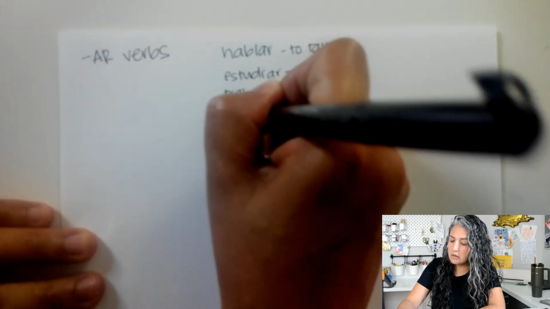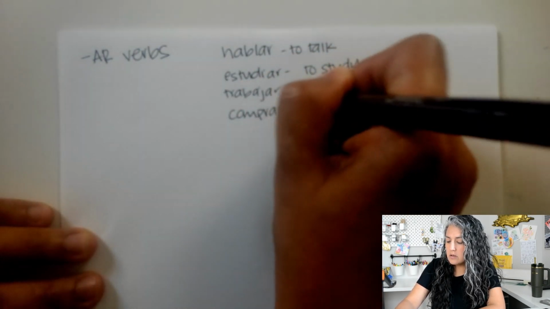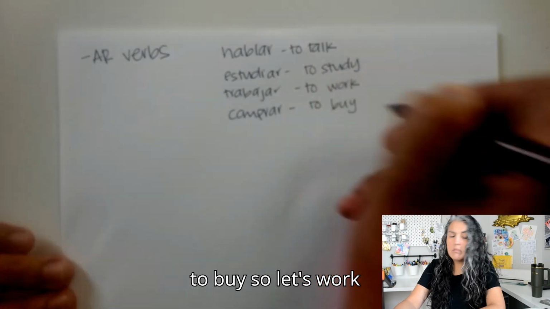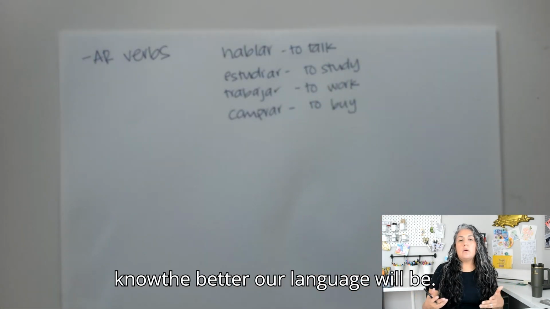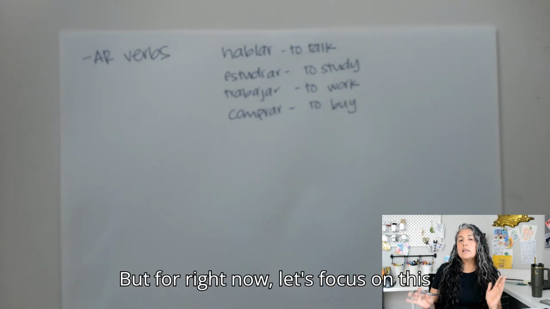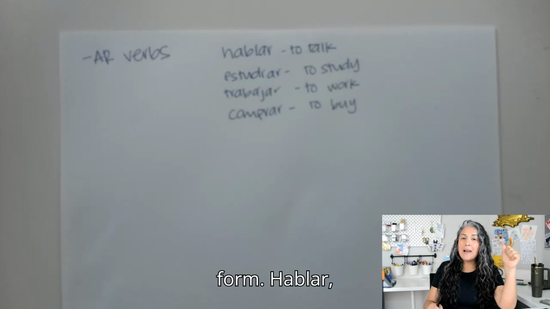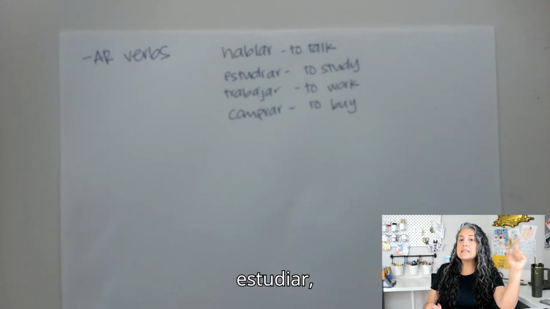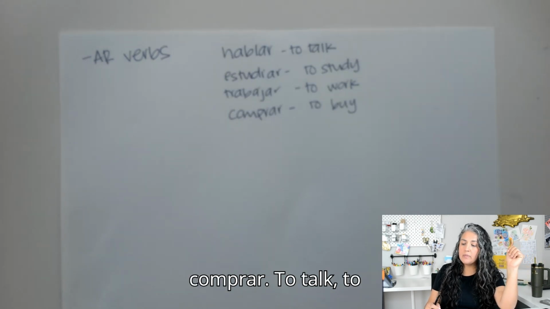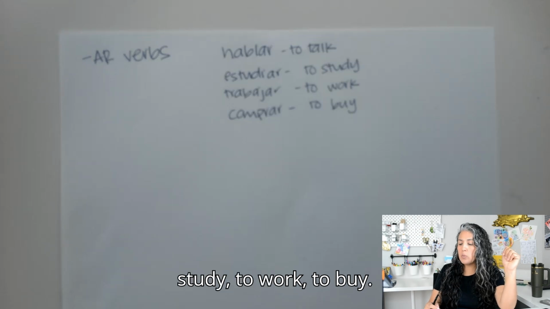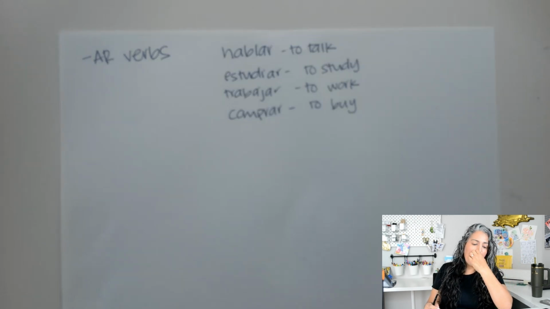Comprar, to buy. So let's work with these 4 verbs. The more verbs we know, the better our language will be. But for right now, let's focus on these 4. Hablar, estudiar, trabajar, y comprar. To talk, to study, to work, to buy.